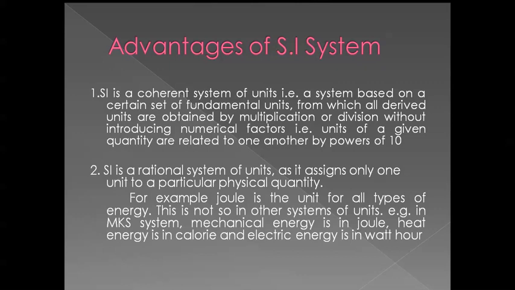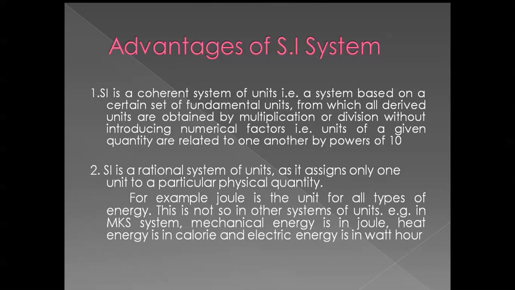And it is a rational system of units, which means it assigns only one unit to a particular physical quantity. For example, joule is the unit for all types of energy. Whether it is chemical energy, mechanical energy, or solar energy, it is one quantity, and the unit for energy is joule.